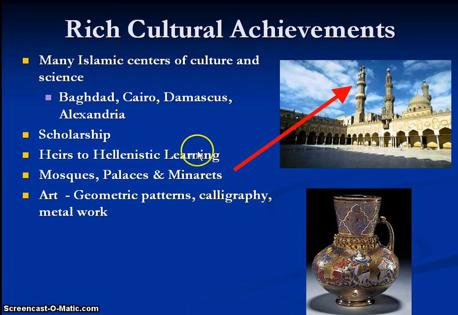They almost become, in many respects, the heirs to this Hellenistic style that we start to see in decline because of the decline of the Byzantines. You see the creation of mosques, palaces, minarets. Oftentimes, these structures mirror that of Rome or Byzantium.